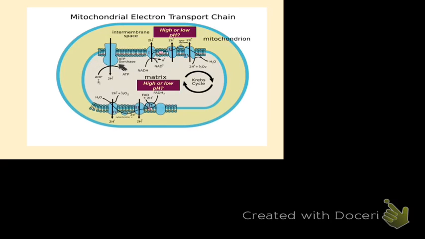So we have the NADHs and FADH2 here inside the mitochondrial matrix, and the protons are being pumped from the matrix to the intermembrane space, which I sometimes abbreviate as IMS. So is the pH of the intermembrane space going to be high or low?